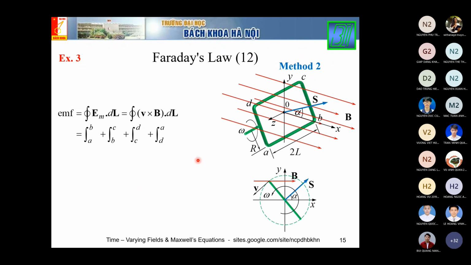So according to exercise number 5, the induced voltage between the two ends of this edge is 0, because AD and BC are two bars rotating about their middle point, the center point. Now I can focus on this edge, for example, from A to B.